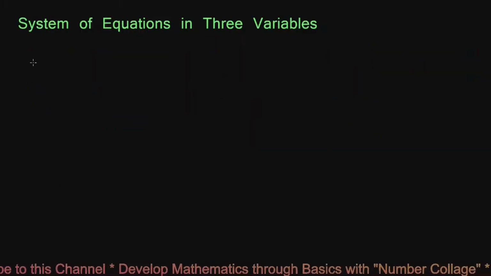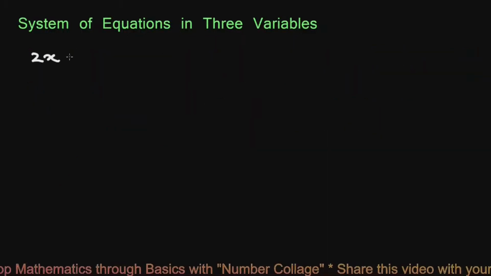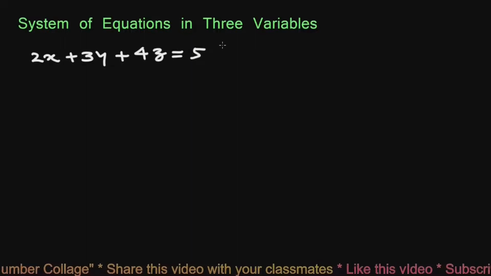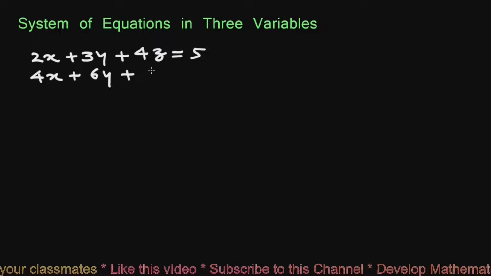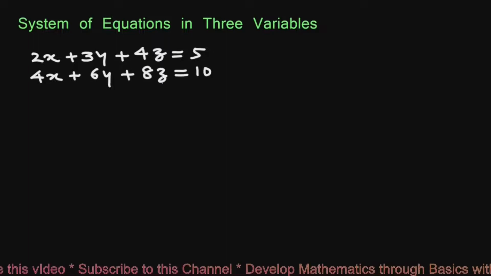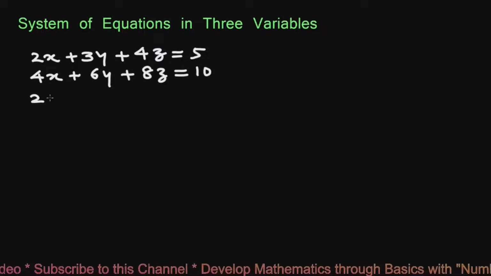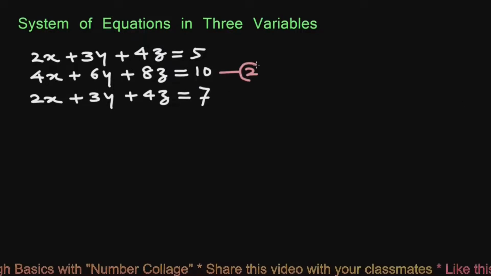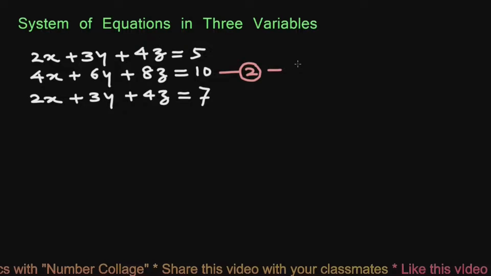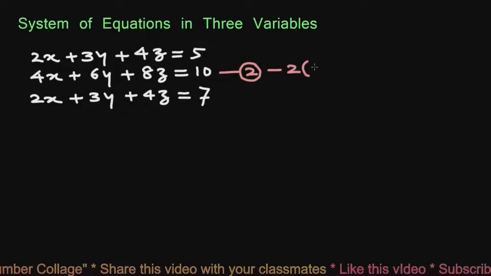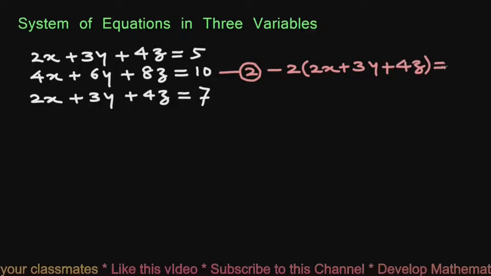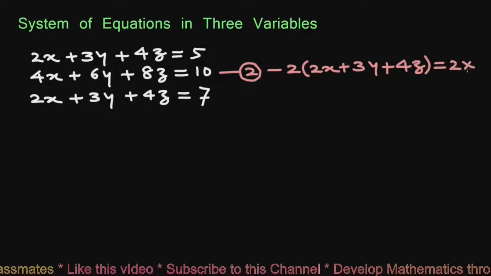Finally, consider following system of equations: 2x plus 3y plus 4z equals 5, 4x plus 6y plus 8z equals 10, and 2x plus 3y plus 4z equals 7. If we take 2 common from the second equation, then it will be 2 times 2x plus 3y plus 4z equals 2 multiplied by 5.